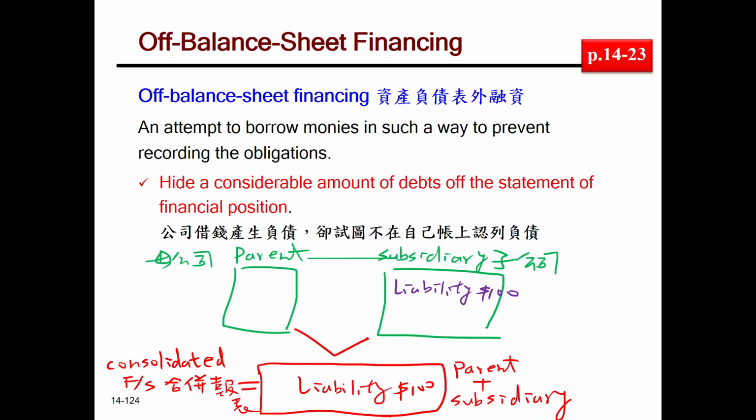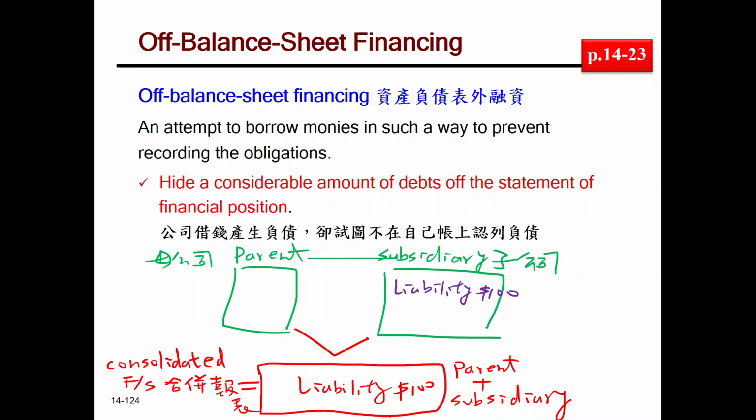If you're interested, that's for advanced accounting. Because we know parents still could do anything through their subsidiary. So in accounting, we ask you to combine two into one to know the whole situation. So if combined into one, you still have the liabilities on the financial statements.